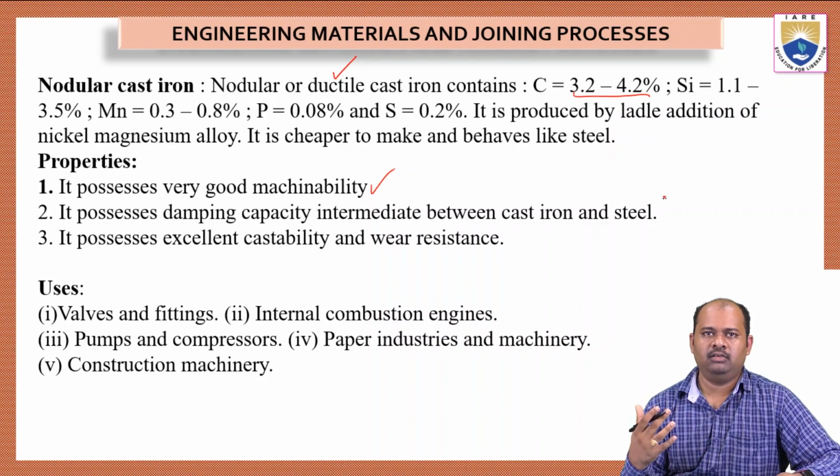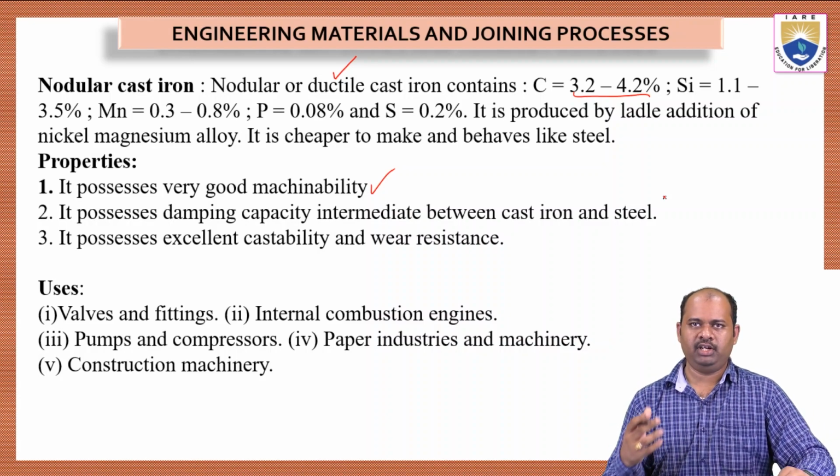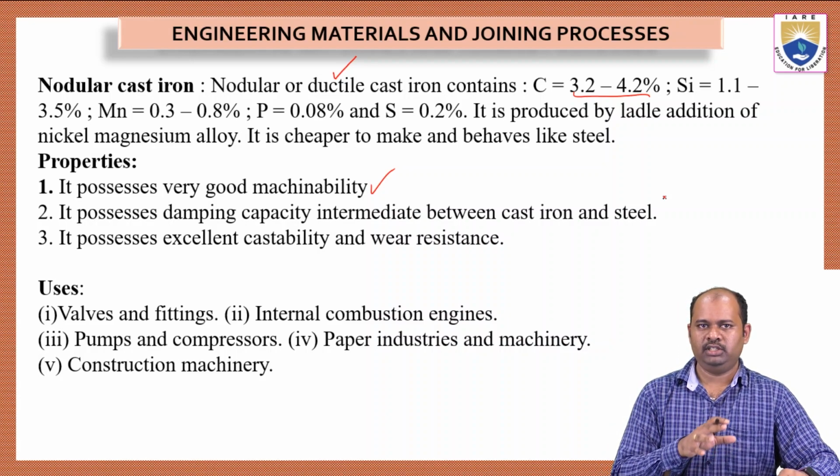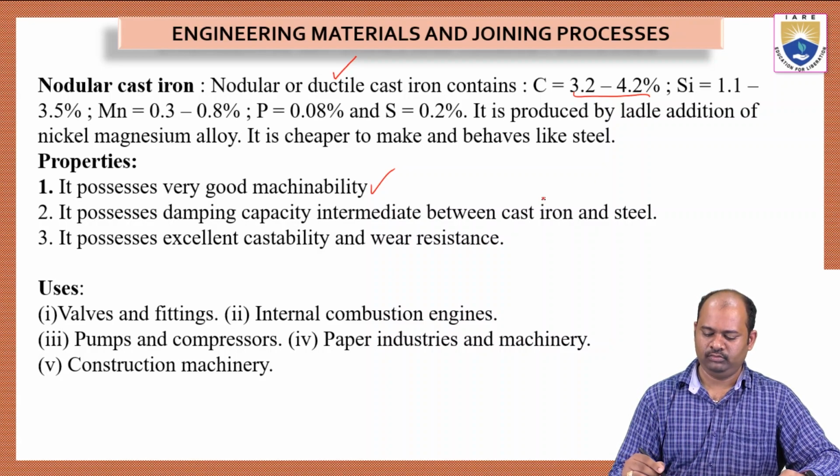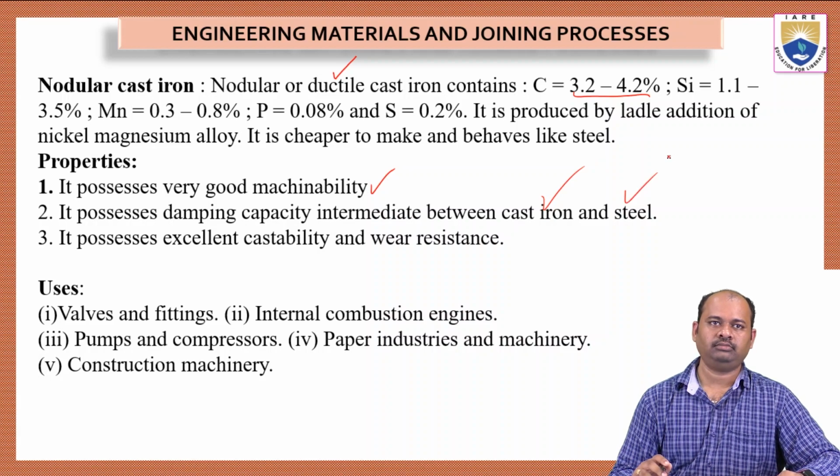When we compare the vibration controlling capacity of steel and cast iron, steel will have more damping capacity when compared to cast iron. So this nodular cast iron will stay between these two.